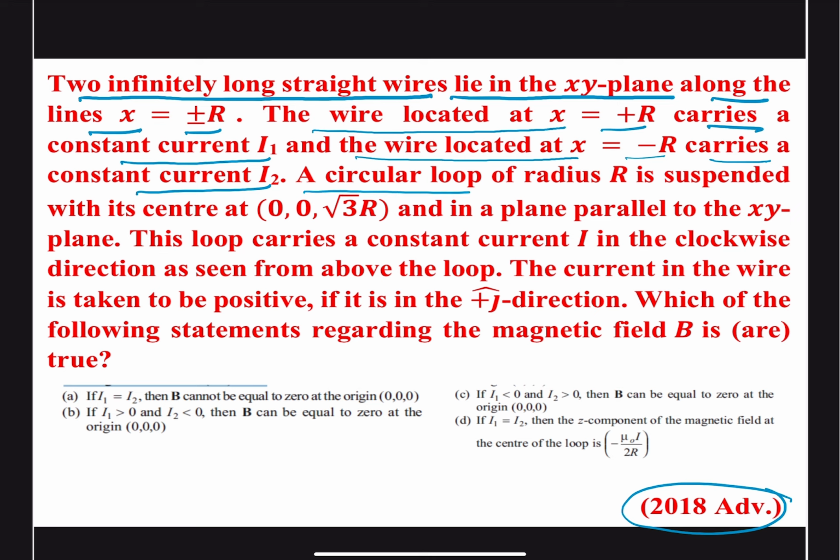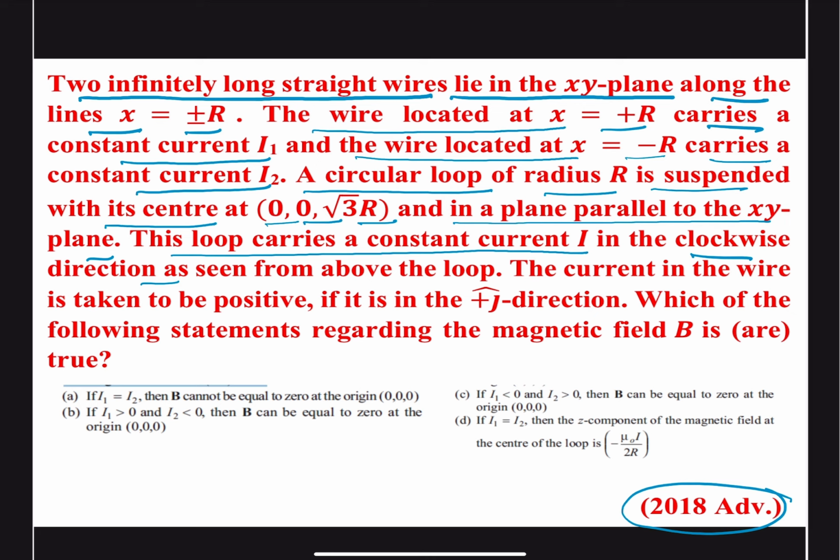A circular loop of radius r is suspended with its center at 0, 0, square root of 3 r and in a plane parallel to the xy plane. This loop carries a constant current I in the clockwise direction as seen from above.